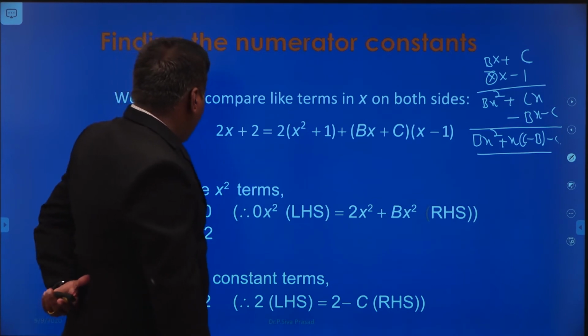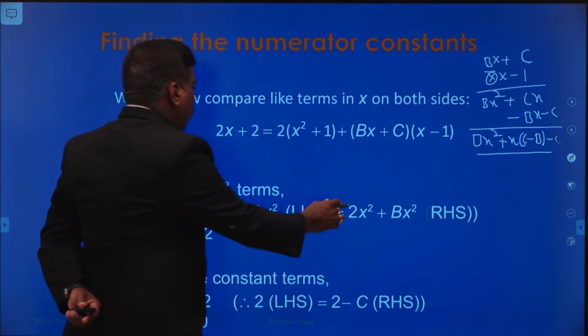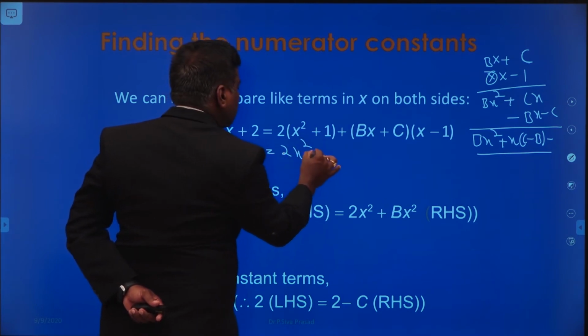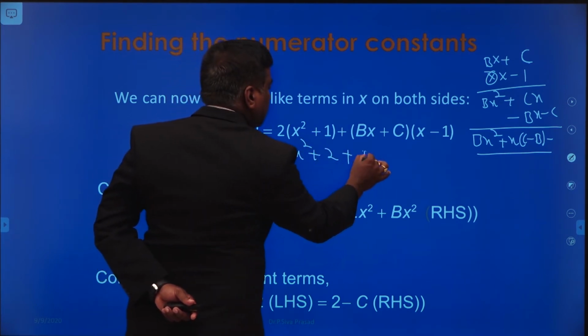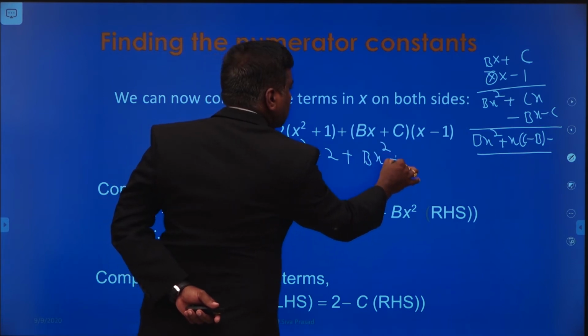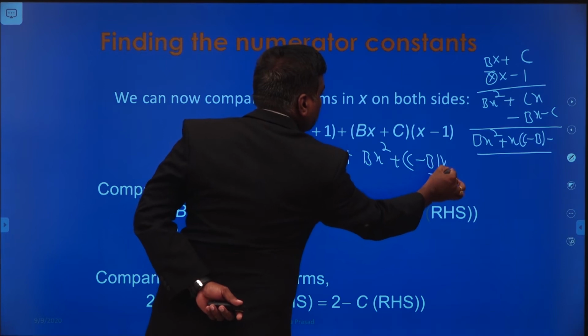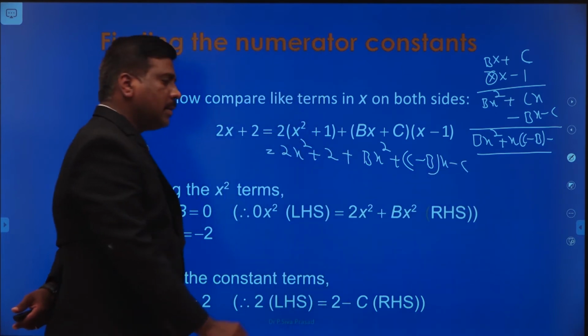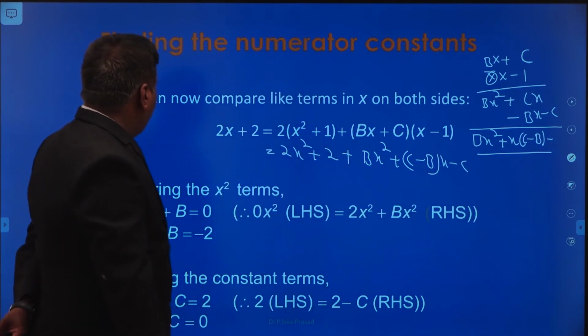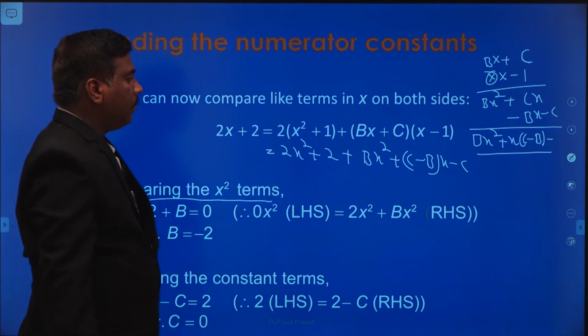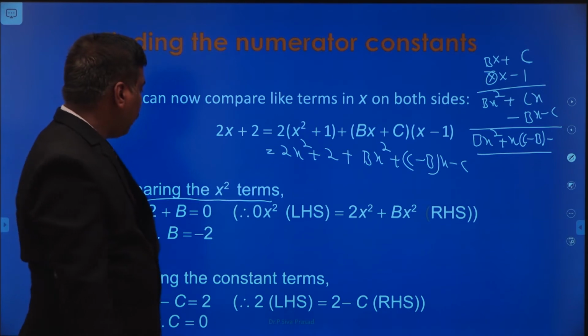Now, here we want to find this multiplication, that is 2 into x square plus 2, plus bx square plus c minus b into x, so minus of c. Minus of c. So I will require comparing the x square coefficients only in the left hand side.